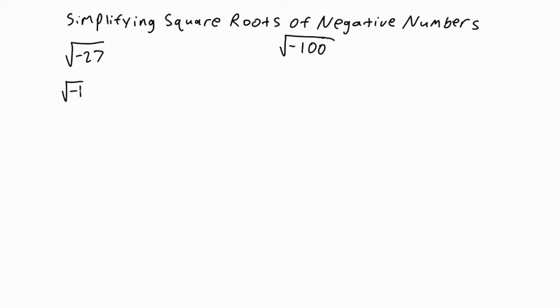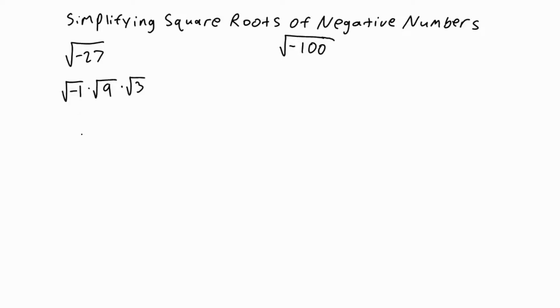And then now we say, same thing we did before, what's a perfect square you can divide out of 27? Well, that would be 9. And what's left over when you divide 27 by 9? That's 3. Now, we kind of changed the order of this a little bit.